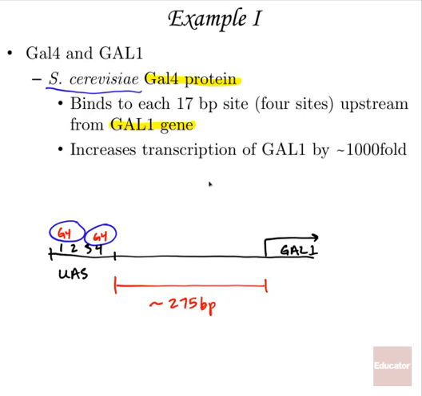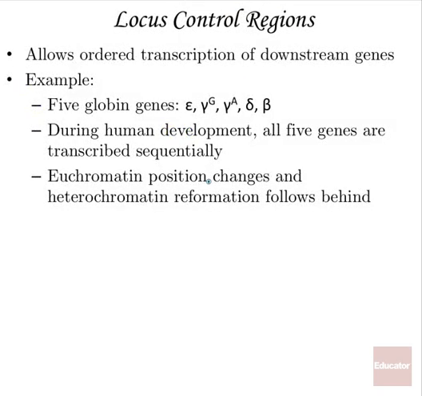So let's talk about our locus control regions. First off, we're going to draw this out. I guess we'll use red. So here is our locus control region. Then we have our globin genes.